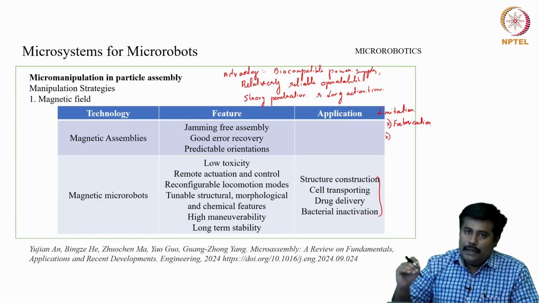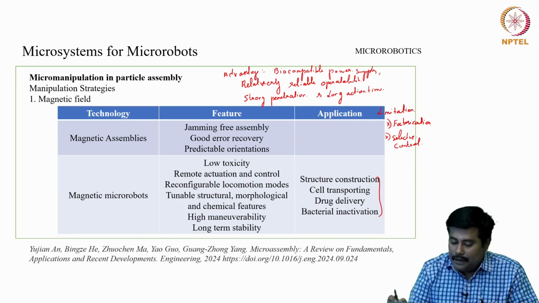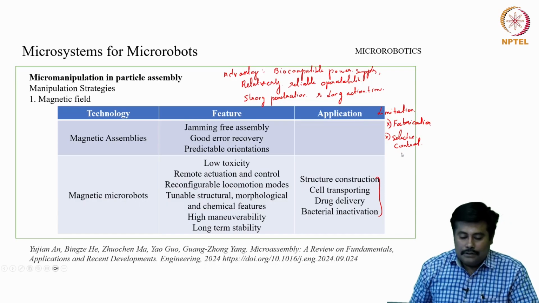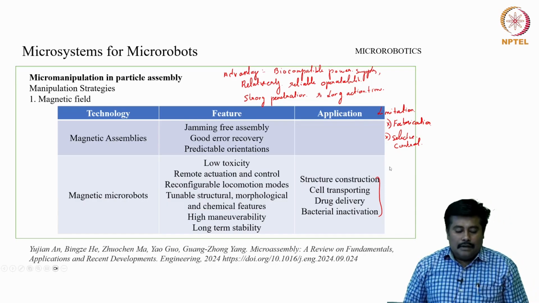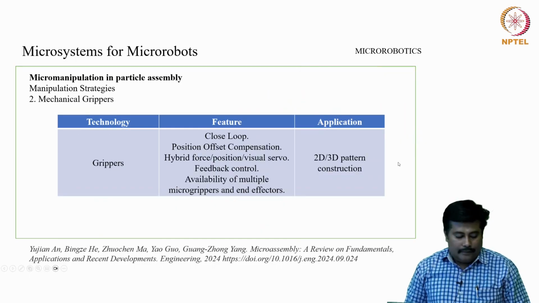However, individually controlling them, that is selective control, will be highly difficult in such systems. So, this is one aspect we need to consider when we select a magnetic field.